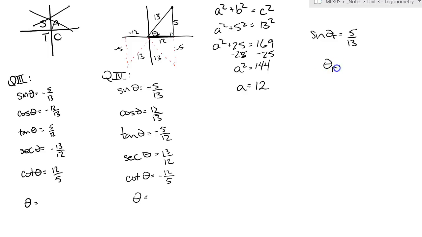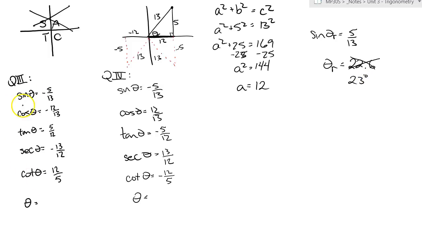So our reference angle is equal to, and we're going to plug into our calculator sine inverse of, and then make sure 5 divided by 13 is all inside the brackets together, and you should get 22.6, but we always just round off our angles, so we're going to say 23 degrees is our reference angle.